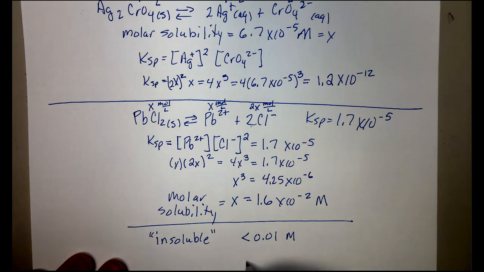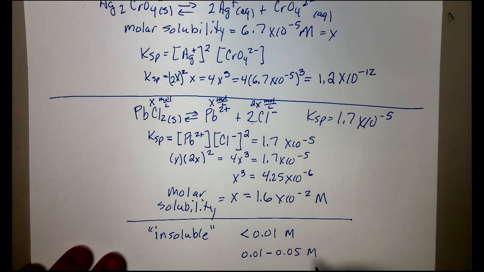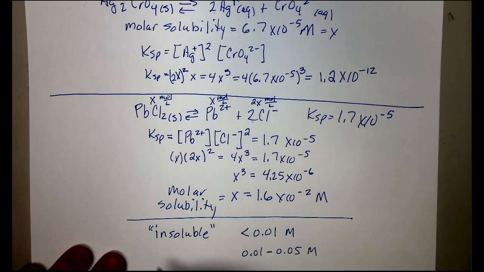If you're between 0.01 to 0.05, and again, these are rules of thumb, not hard and fast principles, we would call this sparingly soluble.